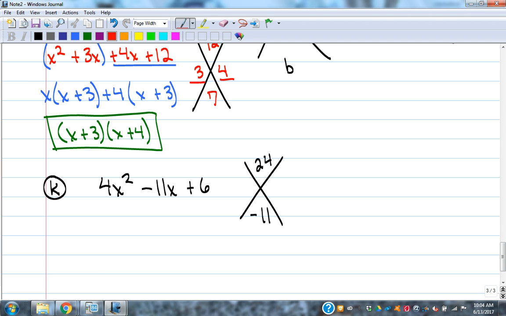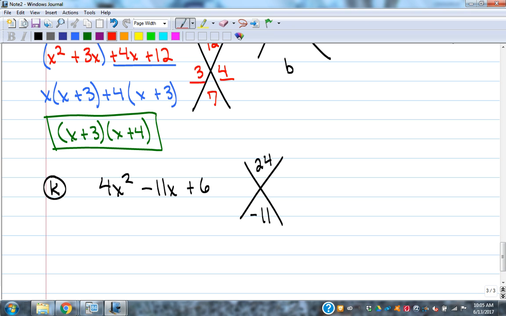If it multiplied to be positive and added to be positive, like example J did, then they both are positive numbers. So if it multiplies to be positive, signs are the same. If it multiplies to be negative, that's when they're opposites. One's positive, one's negative. So we need 2 numbers that multiply to be 24 and add to be negative 11. Better way of describing that.